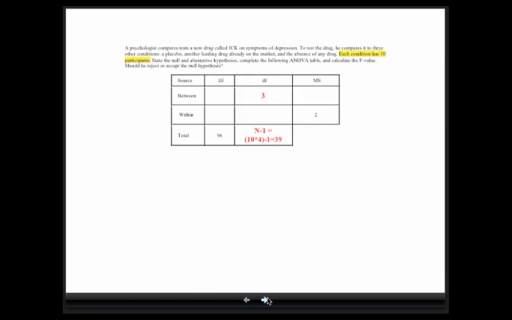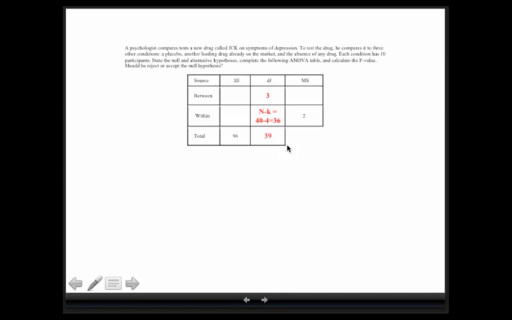And then finally, you have degrees of freedom within. So this is n, total number of participants, minus k. That is 40 minus 4 equals 36. You could also get this because you know the total is 39 and one of the degrees of freedom is 3. 39 minus 3 is 36.